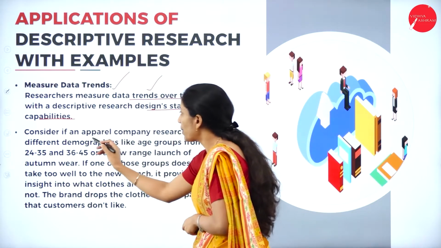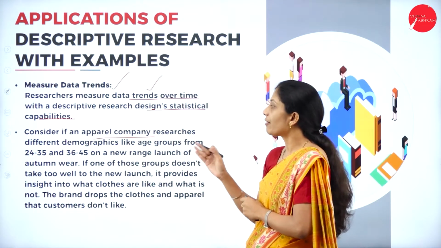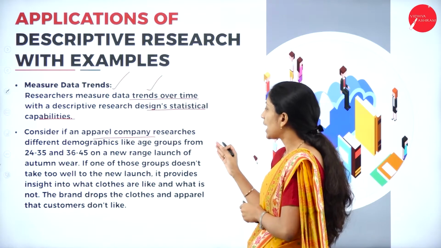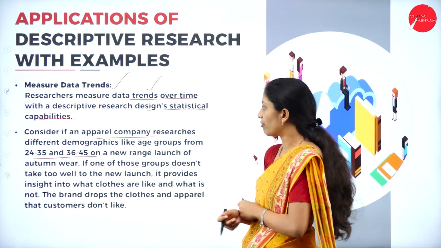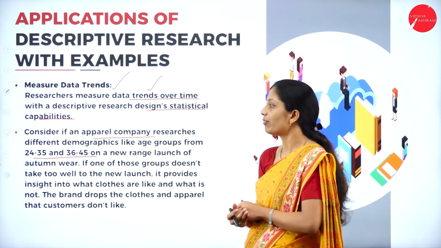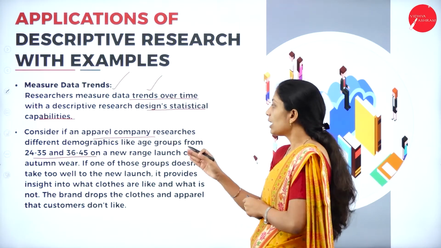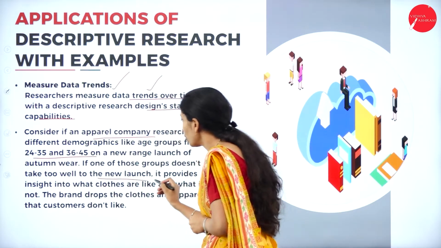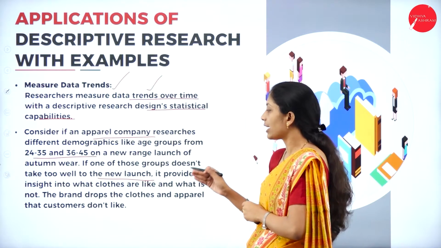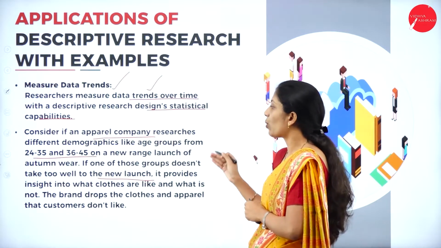Consider if an apparel company researches different demographics like age groups from 24 to 35 and 36 to 45 on a new range launch of autumn wear. If one of those groups does not take too well to the new launch, it provides insight into what clothes are liked and what are not.